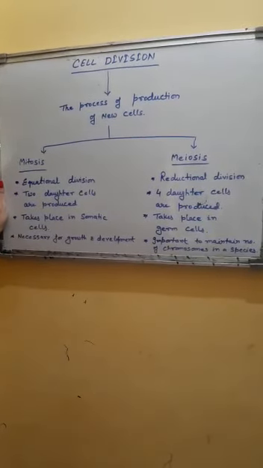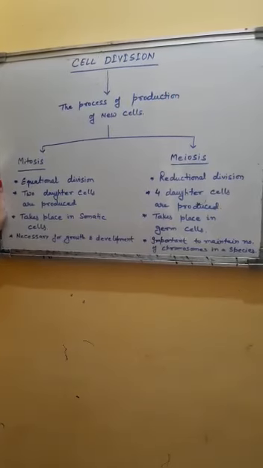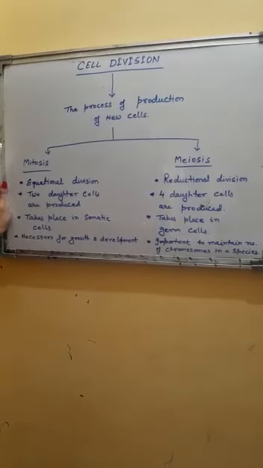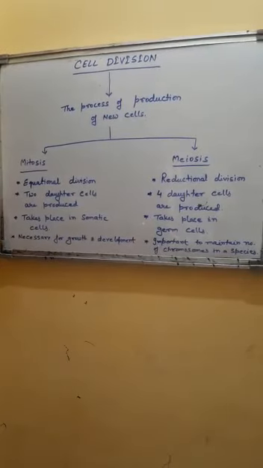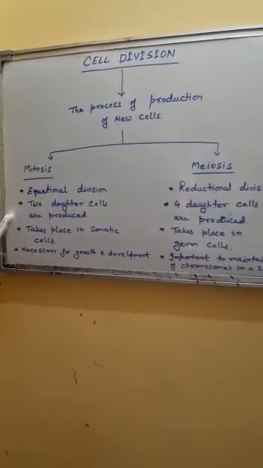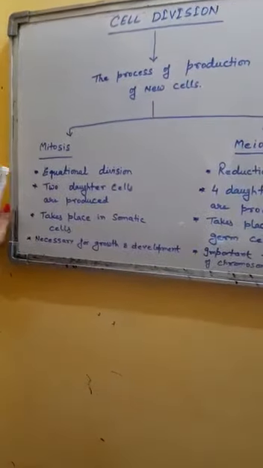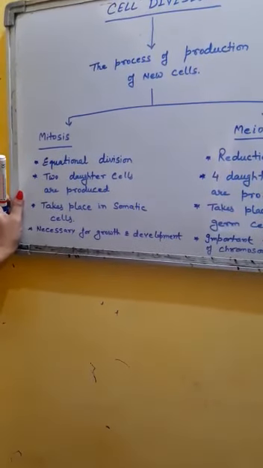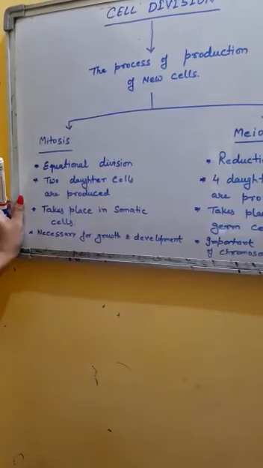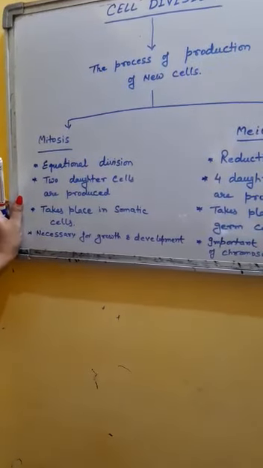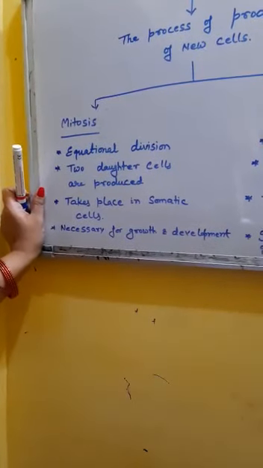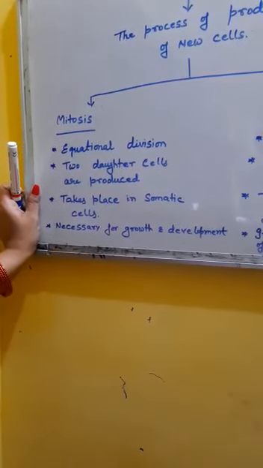So in the parent cell and daughter cell, the number of chromosomes remains the same. In mitosis, two daughter cells are produced. So after mitosis, a parent cell divides into two daughter cells. Keep in mind, both daughter cells have a similar number of chromosomes as the parent had.